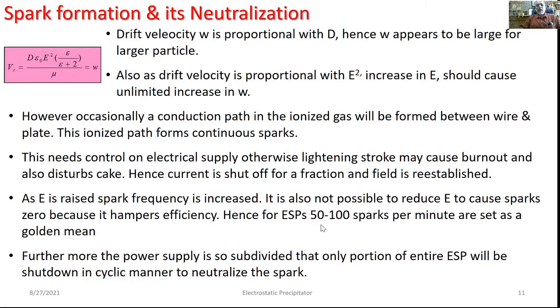Hence, the ESP is designed to have 50 to 100 sparks per minute, which is set as some kind of golden rule. Furthermore, the power supply is so subdivided that only a portion of the entire ESP will be shut down in a cyclic manner in order to neutralize the spark that is caused because of the field strength.